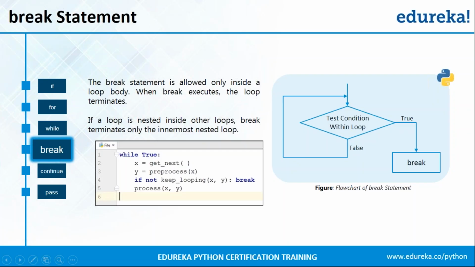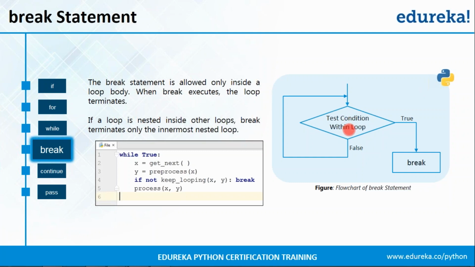Now let us understand the break statement. When you're dealing with loops, you can use statements like break. If you want to use conditions inside a loop and do something when a condition is satisfied, you can use break. This is the body of your loop, and this is one test condition inside the loop.